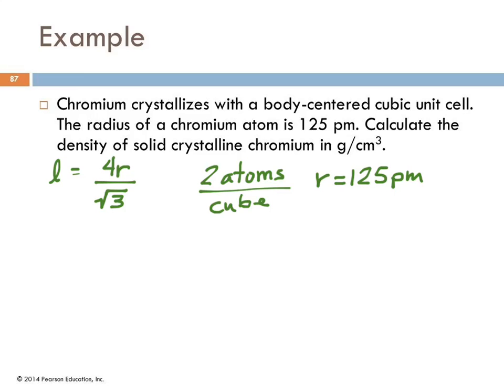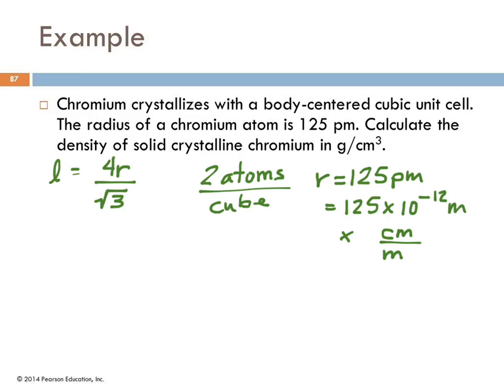Changing that to meters is easy. That's 125 times 10 to the minus 12 meters, because pico means 10 to the minus 12. I didn't plan this out very well. So then I need to multiply that by centimeters over meters.